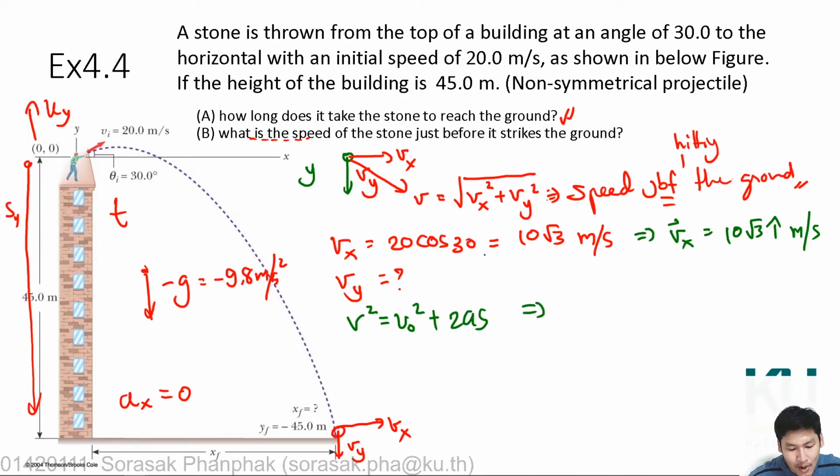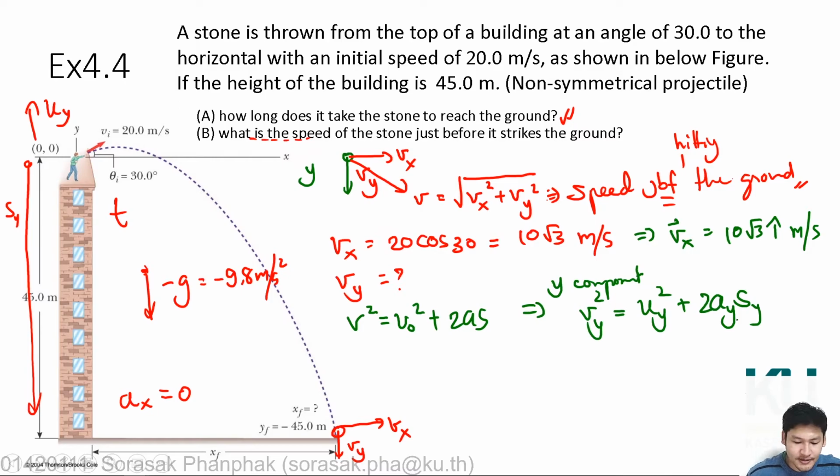If you write it in terms of the y component, because we consider the y component, it can be vy square equal to uy square plus 2 ay s, in y components, or it can be h or y. It depends on what you would like to determine about this displacement in the vertical axis. So from this relation of your y components, I will sub the information that I know in. So v square is what you would like to find, right?